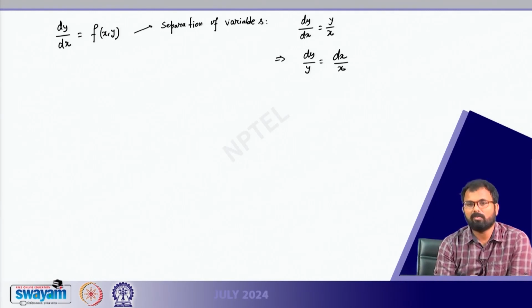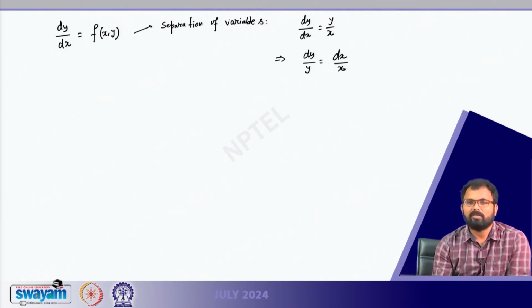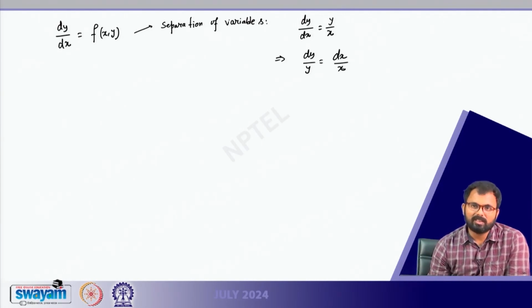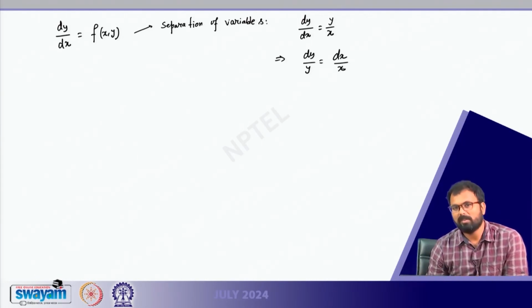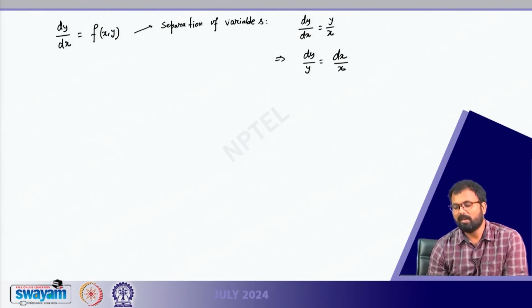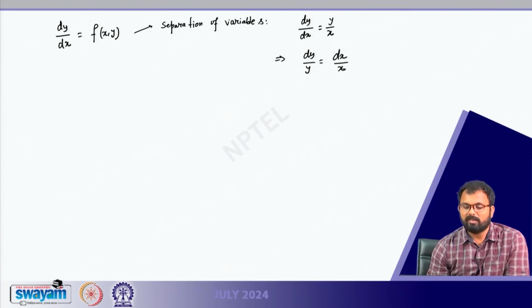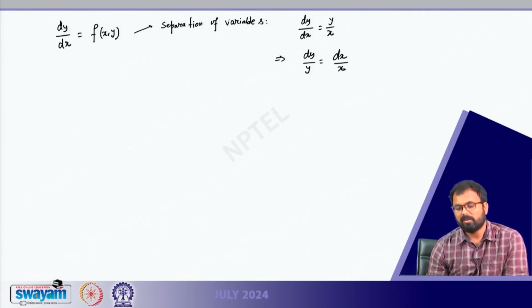It will be log y equals log x plus log c, and of course you can complement this equation with some initial conditions so that you can determine your c, right. So by doing some minor multiplication here and there, you will be able to determine the solution.